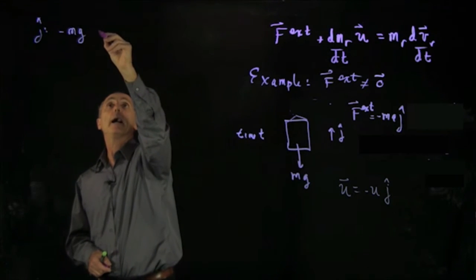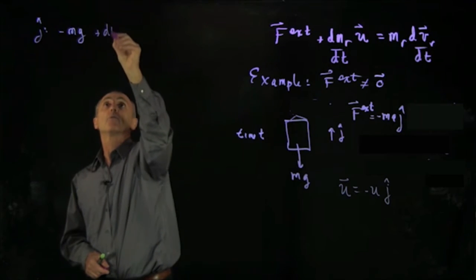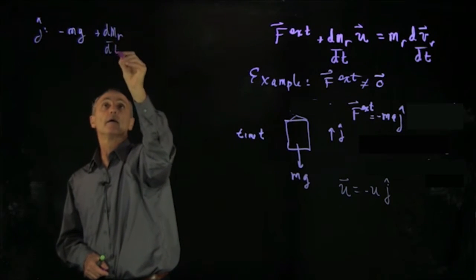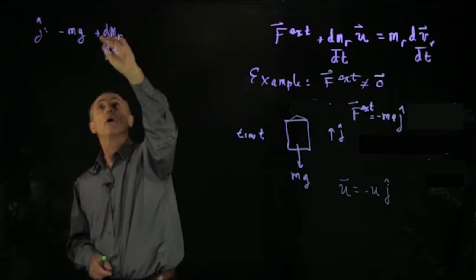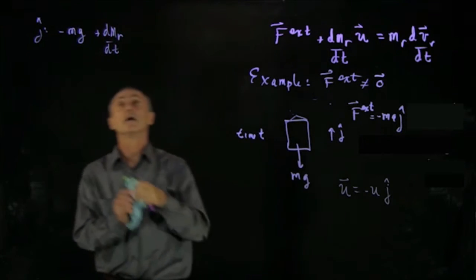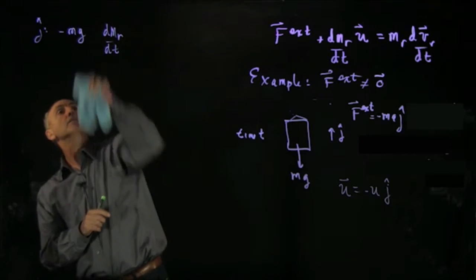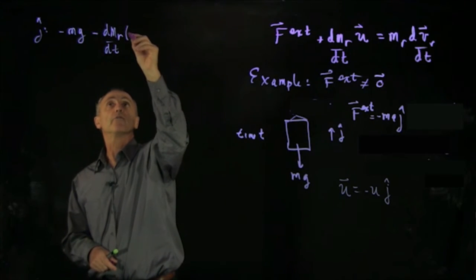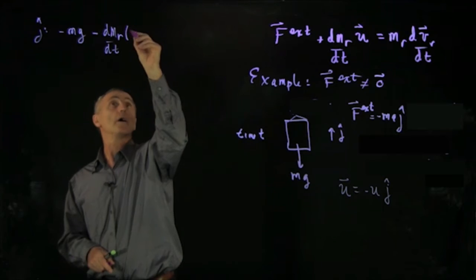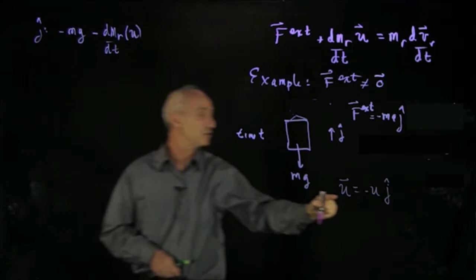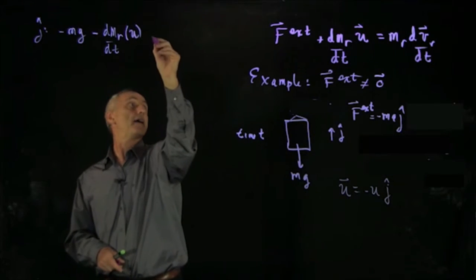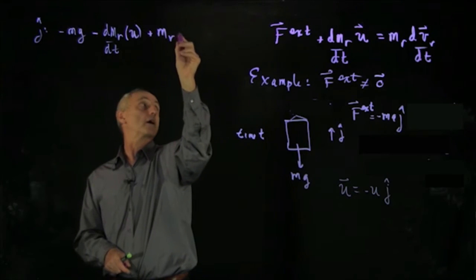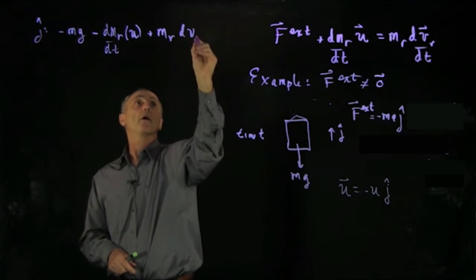We have the rate that the rocket mass is changing. Remember, dm_r/dt is going to be negative. So there's a minus. And over here we have another, this is u, because the exhaust velocity is minus u. And finally, we have m_rocket dv_r/dt.